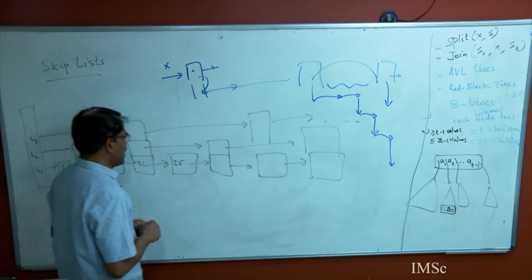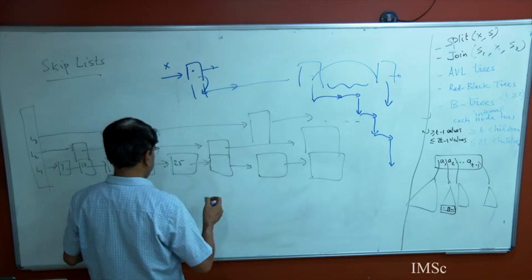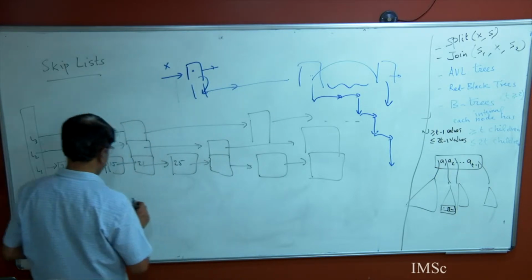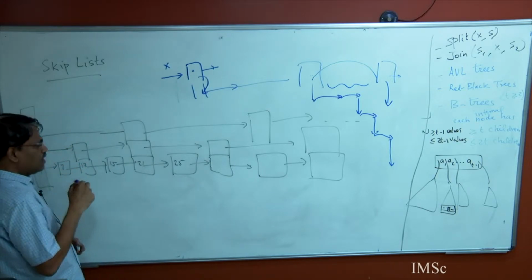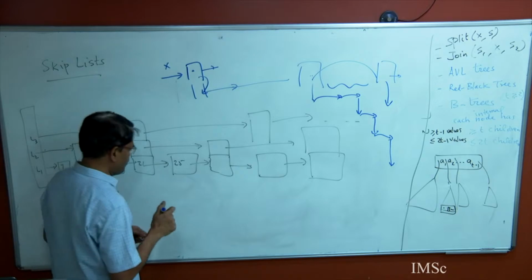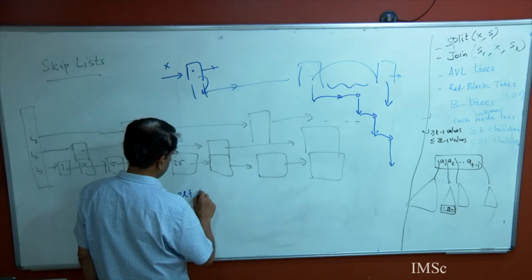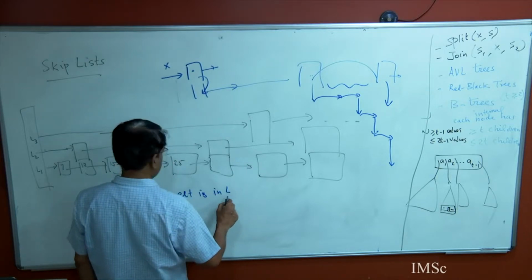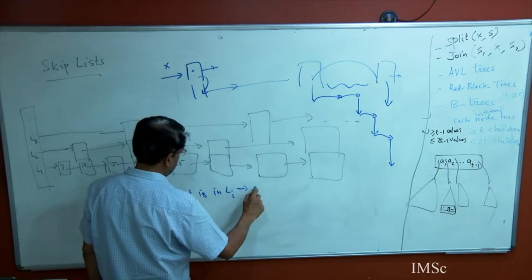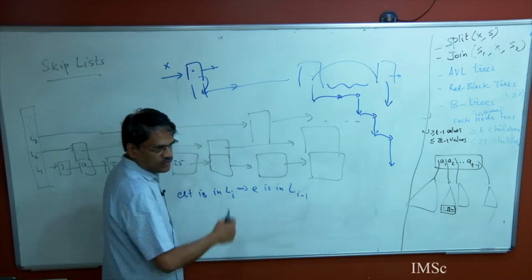Yeah, so imagine that an element, okay, so first of all, everyone has the elements, the other ones only have pointers to. So basically, an element is in Li implies it is also in Li minus 1, okay, right?